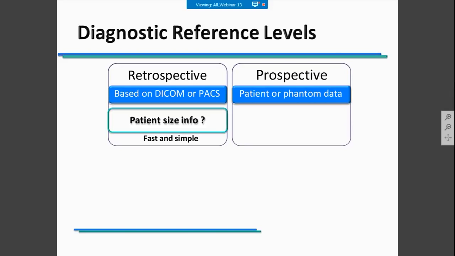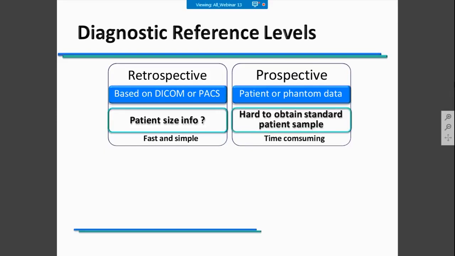However, this method is very fast and simple. To calculate DRLs in the prospective mode, you must be aware that it's hard to obtain a standard patient sample. And if you do it using phantoms, the obtained value is not so real. So this method is more time consuming.